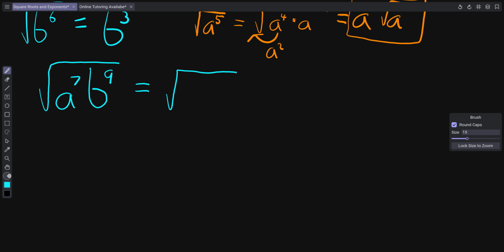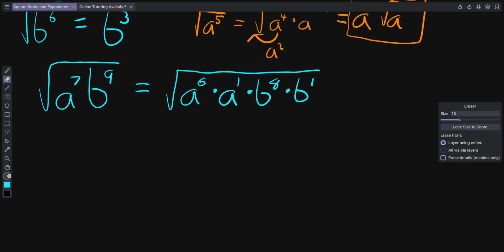So we would turn this into a to the 6th multiplied by a to the 1st multiplied by b to the 8th multiplied by b to the 1st. And again, we don't really need to write that it's to the 1st power. We can kind of just erase that.